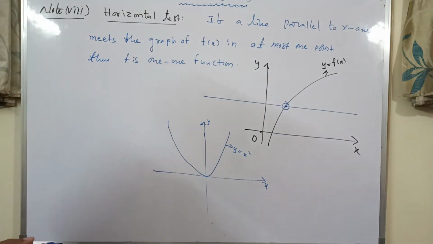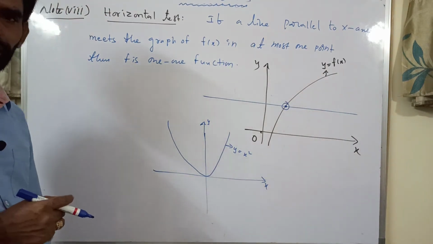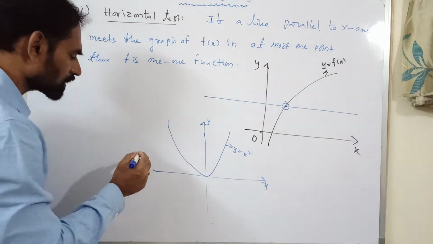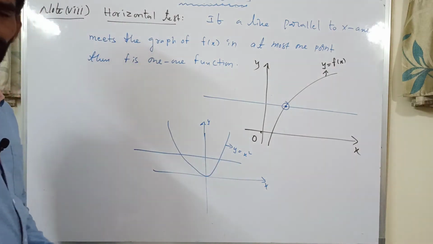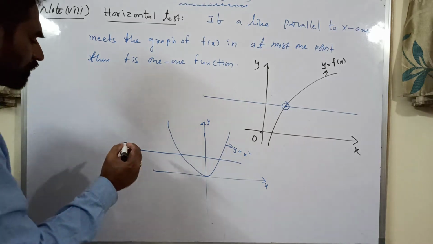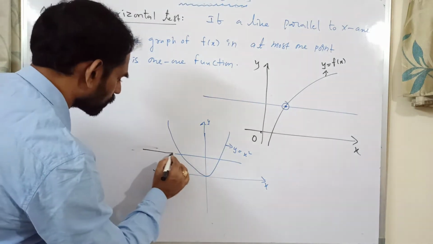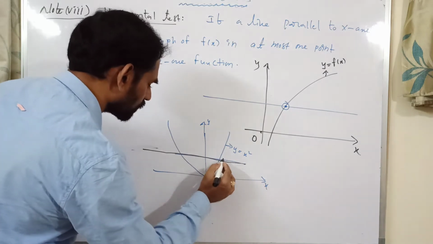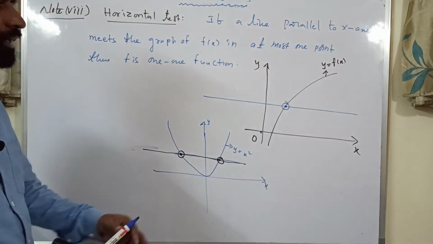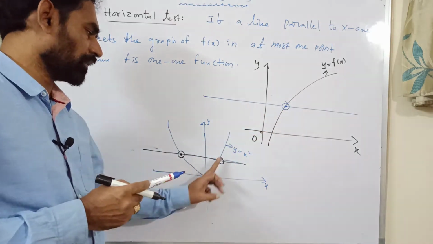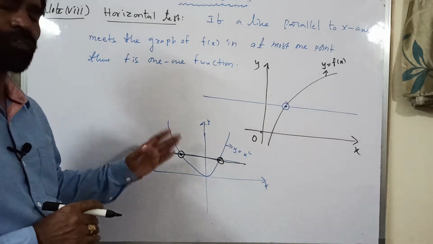How to show whether it is 1-1 or not using the graphical method? Draw a horizontal line, a line parallel to the x-axis. It meets the graph not at only 1 point, but at 2 points. Our definition requires exactly 1, but here it meets at 2 points. That's why the 1-1 test fails.